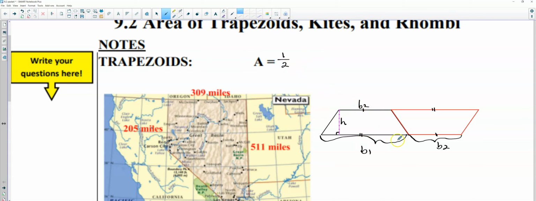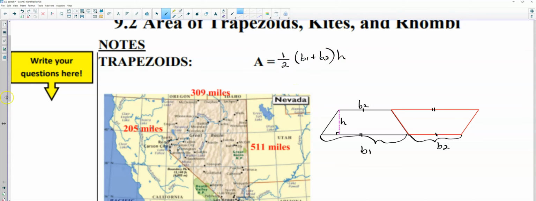The base of the parallelogram is made by base 1 plus base 2, so it's half of base 1 plus base 2, multiplied times the height. The reason we cut it in two is that we don't want the whole parallelogram, we want half of it. So the formula for the area of a trapezoid is one half times base 1 plus base 2 times the height.